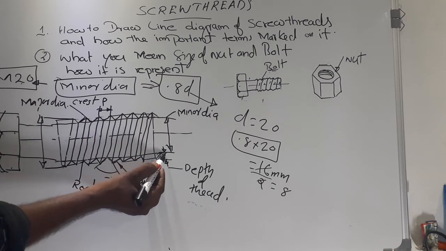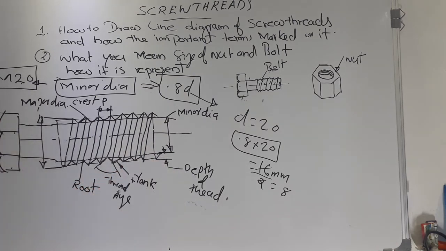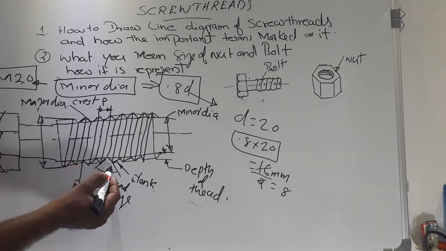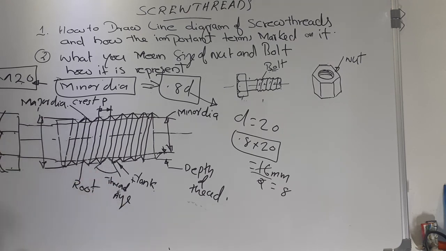Similarly, the perpendicular distance between major and minor diameter is called depth of thread, and the included angle between the slanting surfaces of the two crests is called thread angle. These are all the terms related to our screw threads. Okay, now our portion is complete.